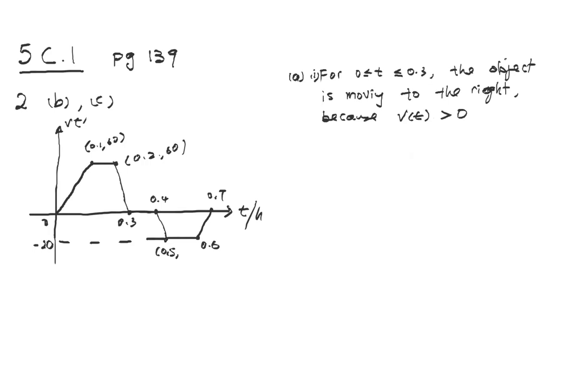Then for part 2, for t between 0.4 and 0.7, the object is moving to the left.